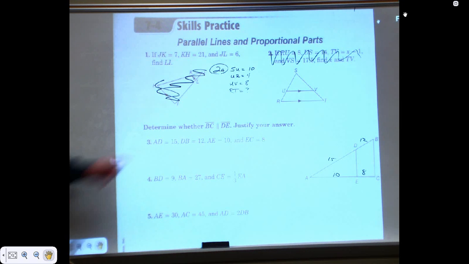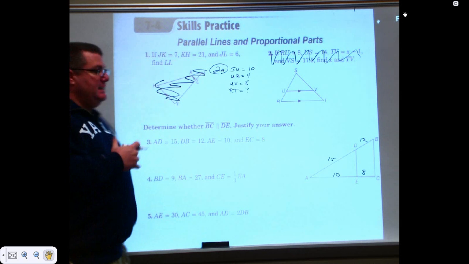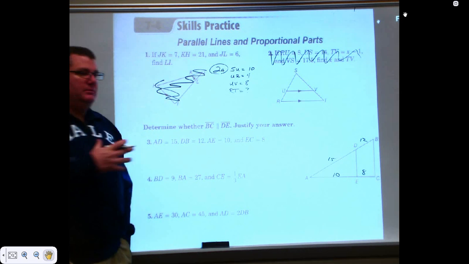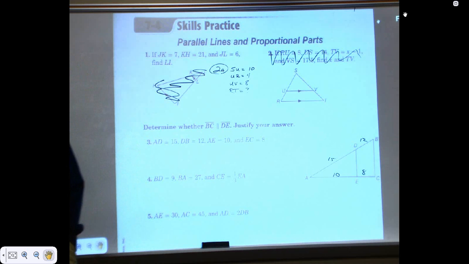So write this off to the side. I want you to have this example, or I guess you could watch it later. We're going to use the same picture. Tell me what is different about this. Well, you're probably going to have to label it to see what's different, aren't you? This will be the last one I'll do, and I'll leave it up here for you guys to see.